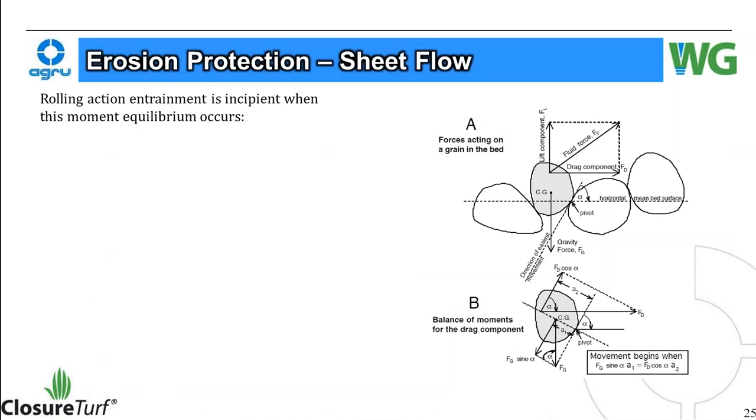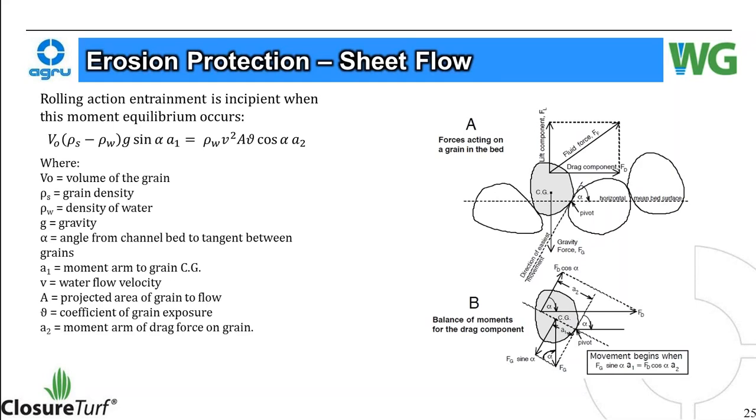Now that rolling action is incipient when this moment equilibrium occurs. And this is where V sub O is the volume of the grain, and then the relative densities of the grain in water, gravity, alpha is the angle from the channel bed to the tangent between the neighboring grains.